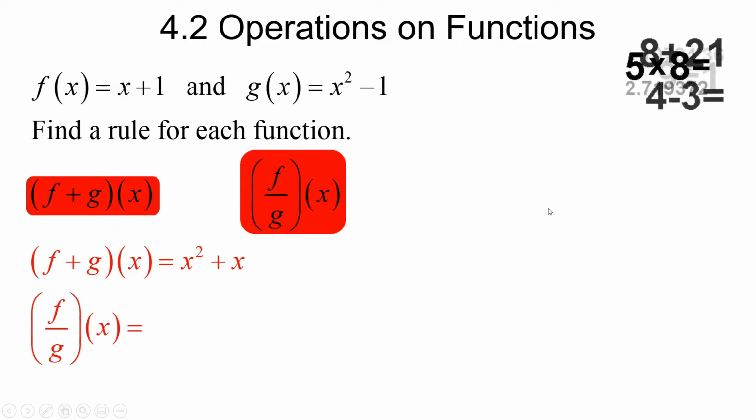Okay, now f over g of x. That's going to be f of x, which is x plus 1, over g of x, which is x squared minus 1. Before I do this, I'm going to simplify g of x so I can hopefully do some canceling. Isn't x squared minus 1 the difference of squares?